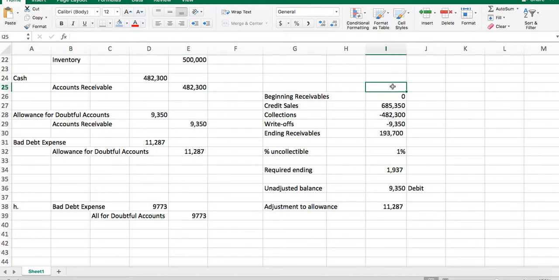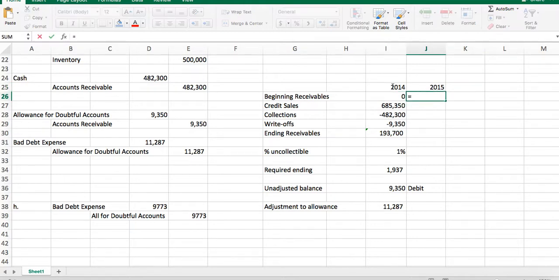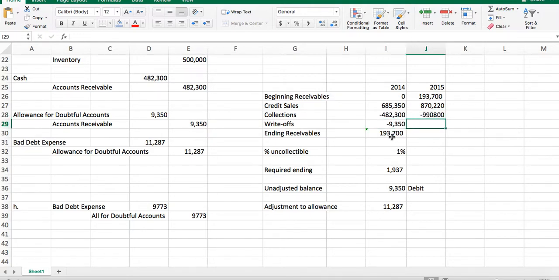I'll go over here. This is 2014. Let's do 2015 over here. So our beginning balance was our ending for 2014. And then in the problem, they told us that we had an increase of $870,220. We had $990,800 paid. We wrote off $11,090, which gave us an ending balance. And I'll go ahead and just carry that over of $62,000.